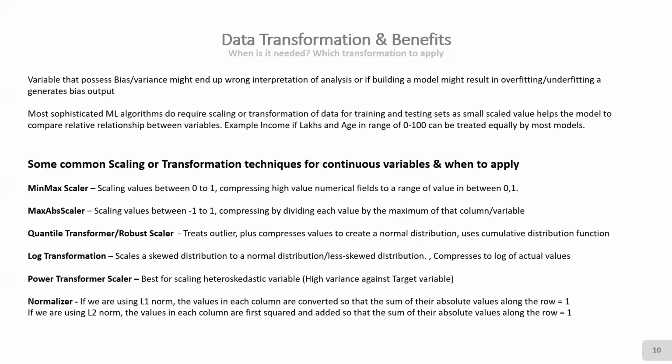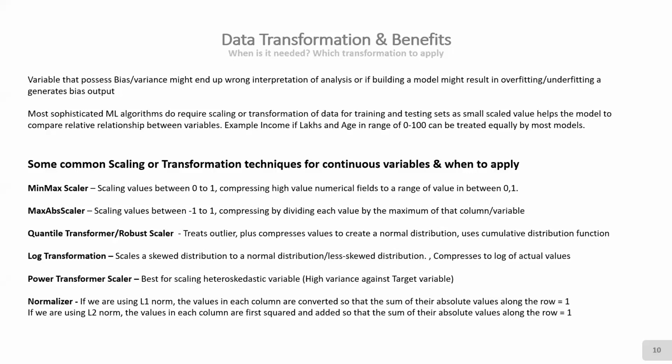If I briefly talk about these transformation techniques, there is the min-max scaler, which scales values between 0 and 1, again compressing them. There is the quantile transformer, which is the best fit transformer available out there; it also treats your outliers and compresses the values within the quartile range.